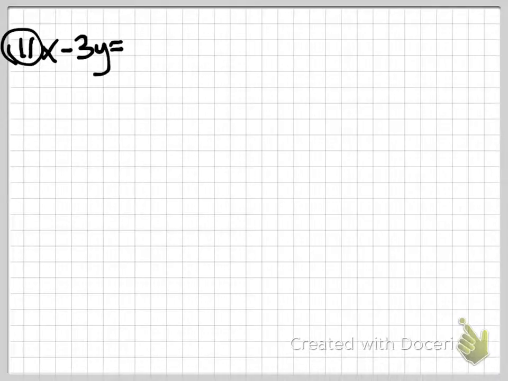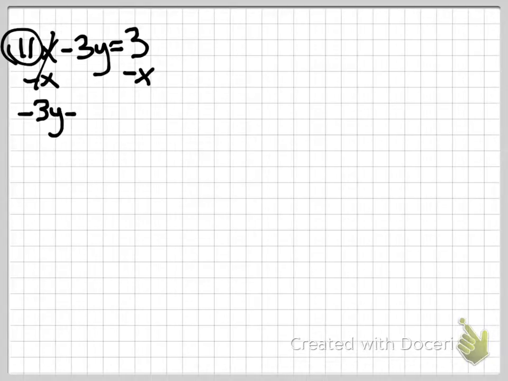Now all this is easily graphed as long as your equation's in slope-intercept form, but what if it's not? So let's look at number 11. X minus 3y equals 3. Remember, to be in slope-intercept form, y must be by itself. We're going to subtract x from both sides. So negative 3y equals negative x plus 3.